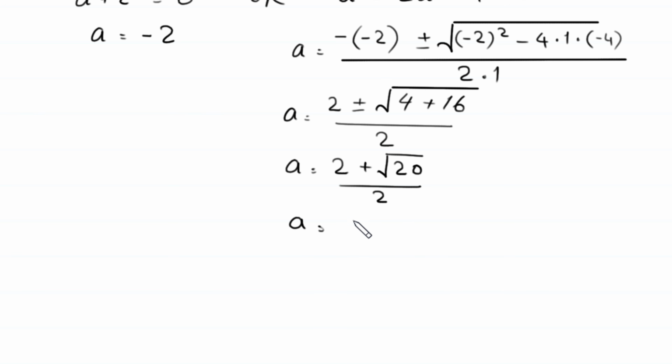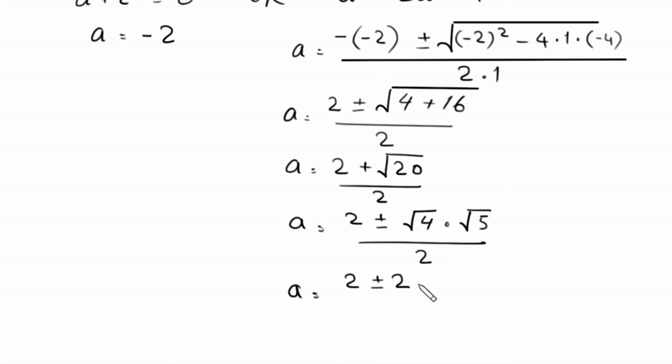a is equal to 2 plus minus, this square root of 20 can be written as square root of 4 times square root of 5, divided by 2. And a is equal to 2 plus minus, square root of 4 is 2, times square root of 5, divided by 2.